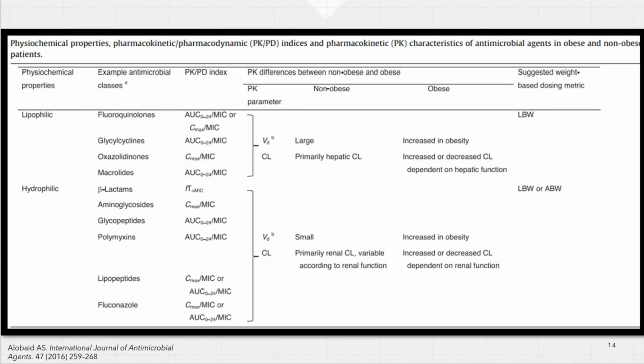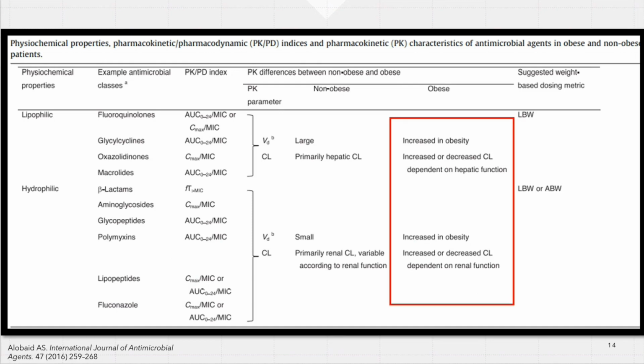And then tying that all together, or bringing it in with the specific antimicrobial classes, I thought this was a nice diagram where you had from left to right that category of lipophilic versus hydrophilic, some examples of antimicrobials, their PKPD index of effectiveness, and then how those parameters change in both non-obese and obese patients.